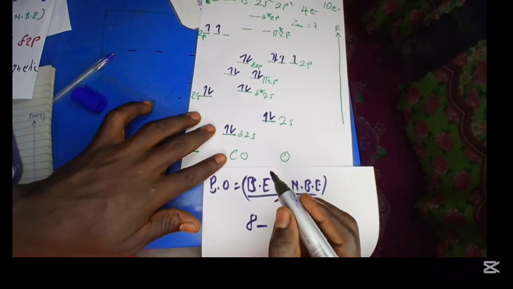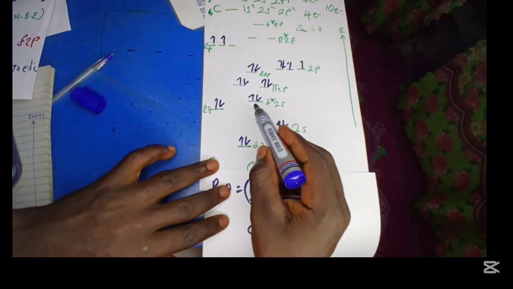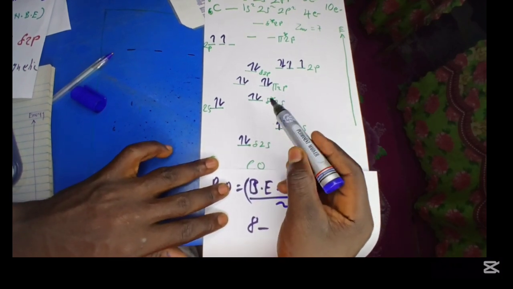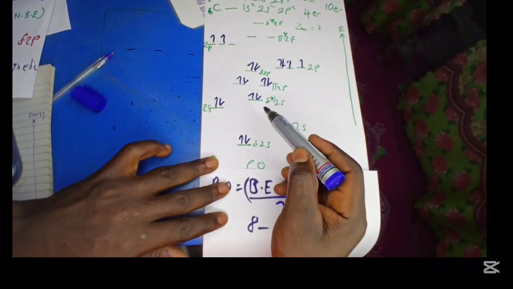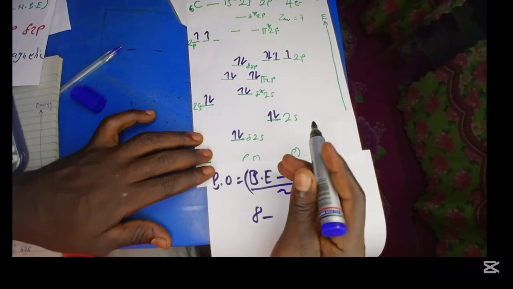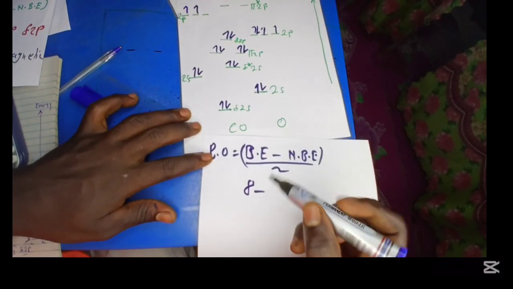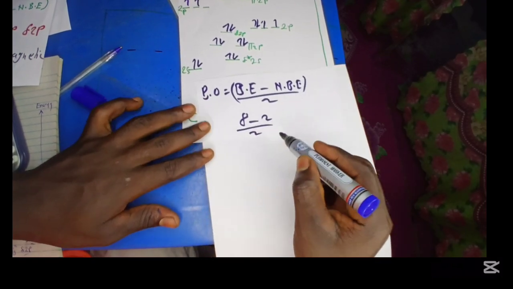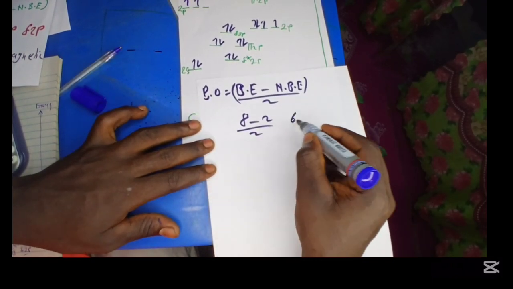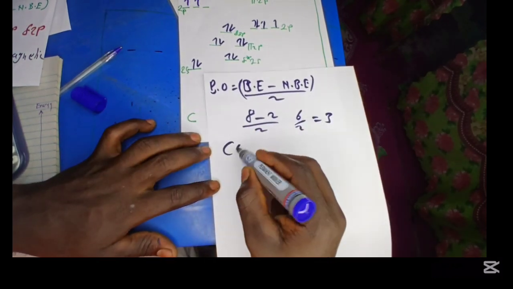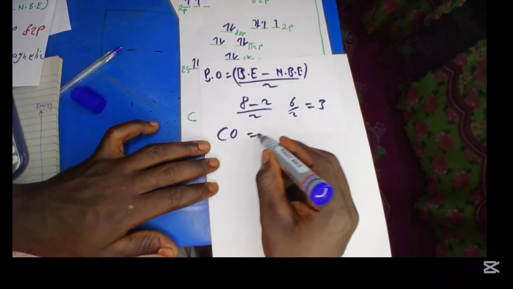And let's look at our anti-bonding electrons in the anti-bonding molecular orbital. Here we only have 2, giving us 8 minus 2 all over 2, which is 6 over 2, giving us 3. So the bond order for carbon monoxide, CO, is 3.